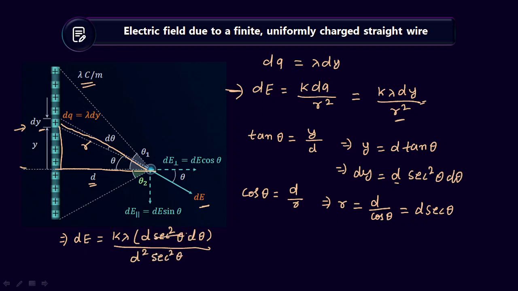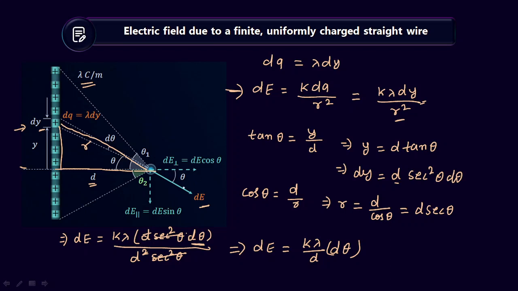So this sec square theta, we can cancel, and one d also we can cancel, and this is d theta, not d. We cannot cancel this d theta, right? So from here we got a very simple expression, dE equals k lambda by d into d theta, right?